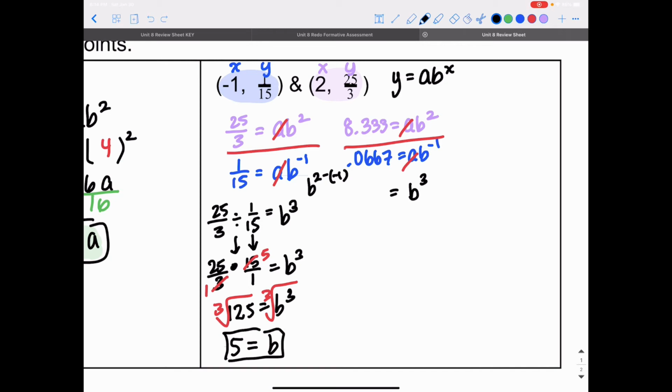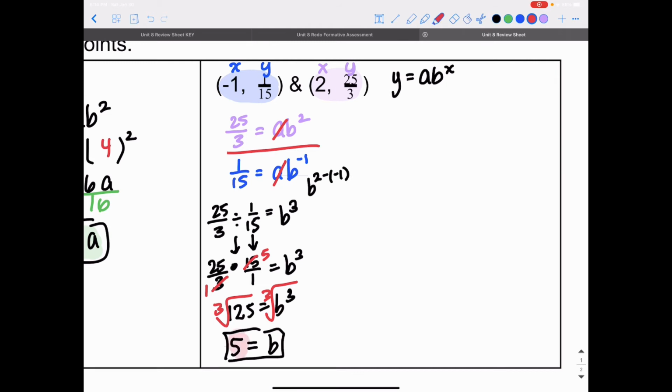So you round that to 125, and then you take the cube root of both sides. Actually, just don't do it this way. I'm sorry. Do it with the fractions, because otherwise you're not going to get the right answer, because they're repeating decimals. Okay. All right, so I end up with b is equal to 5.